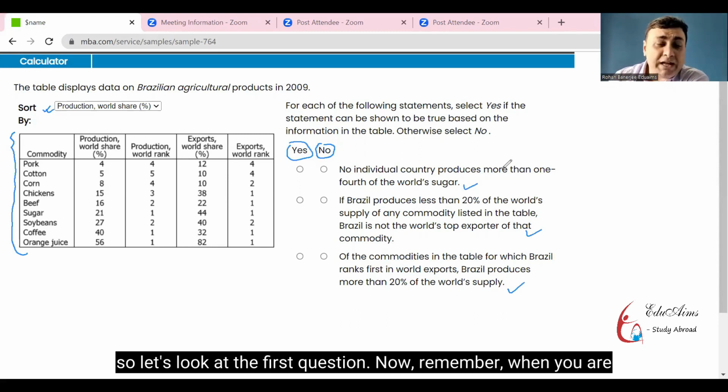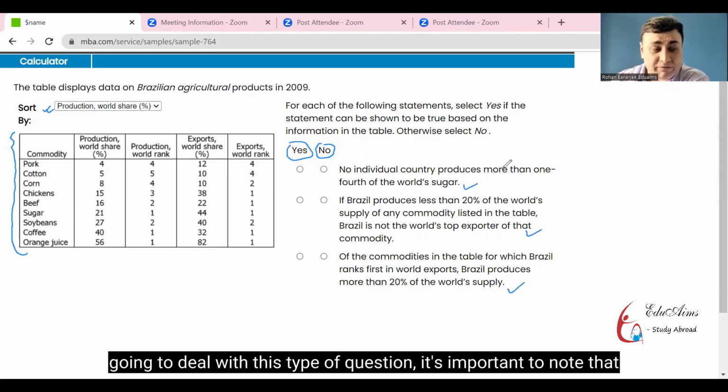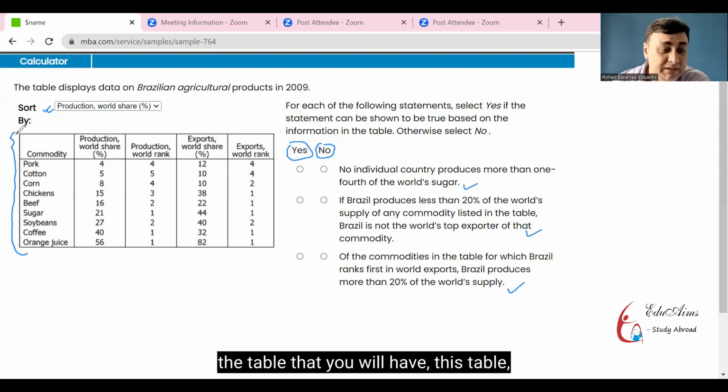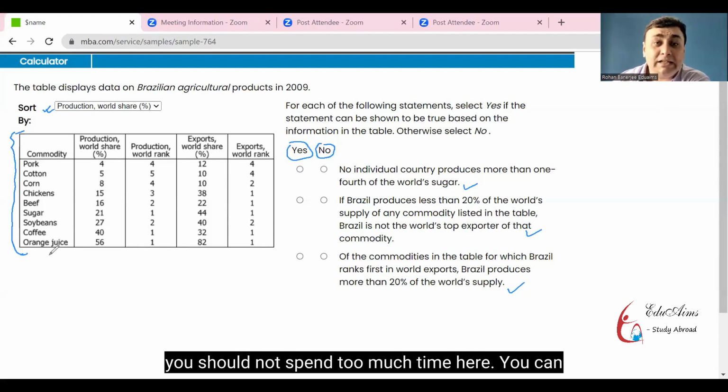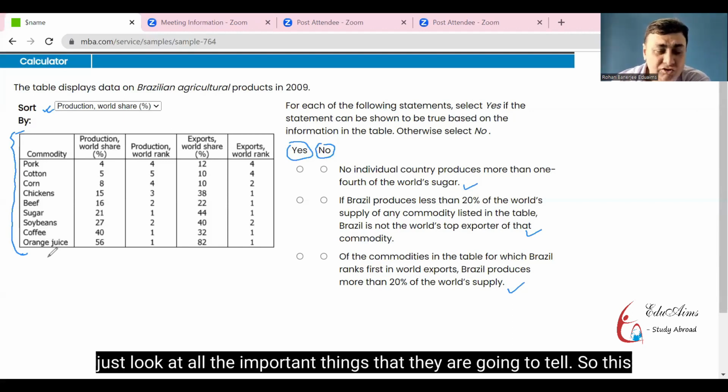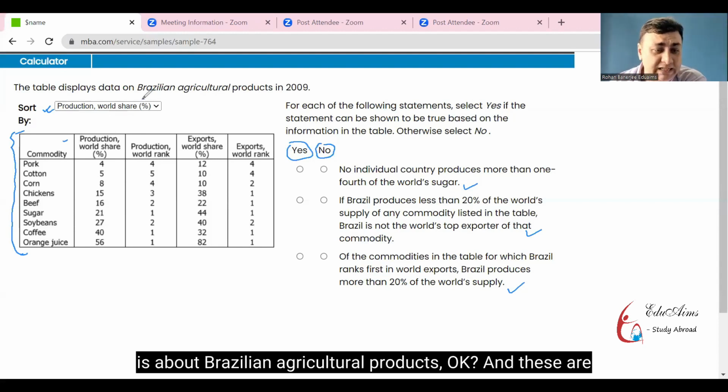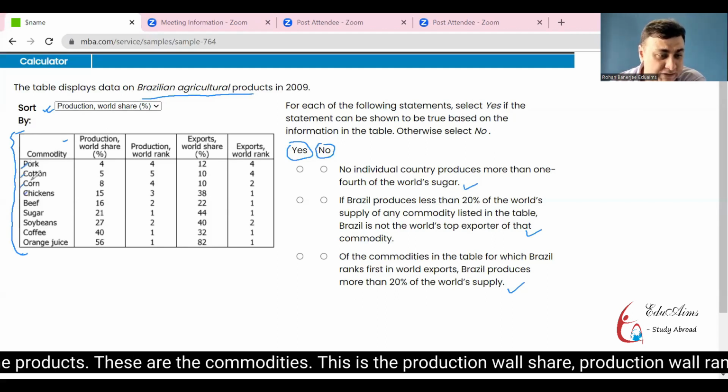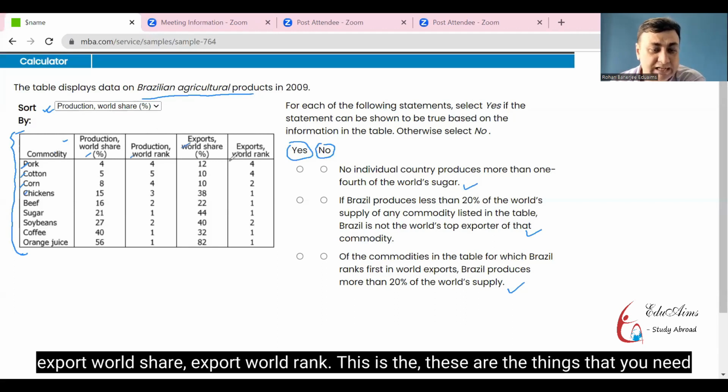When you deal with this type of question, you should not spend too much time on the table. You can just look at the important things. This is about Brazilian agricultural products, and these are the commodities. These are production world share, production world rank, export world share, and export world rank.